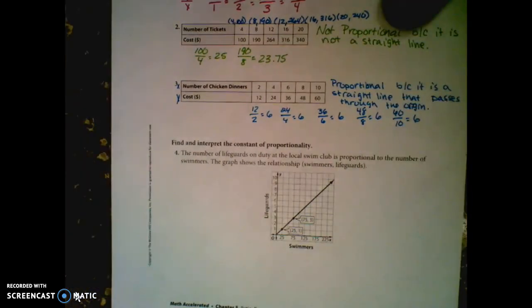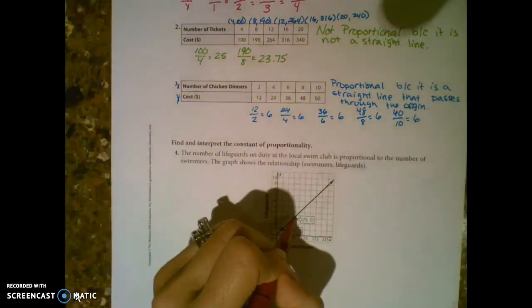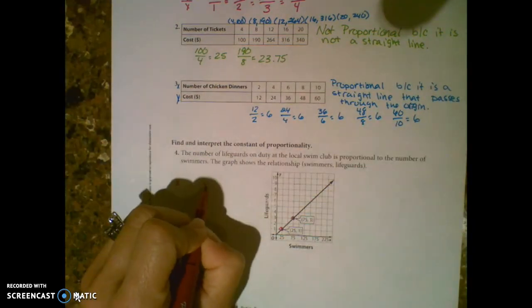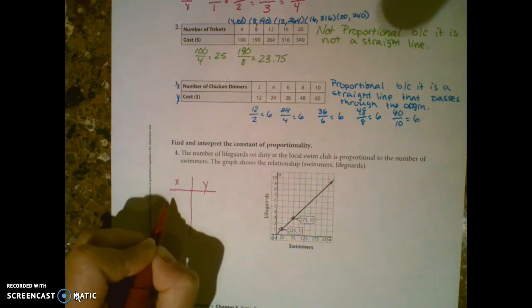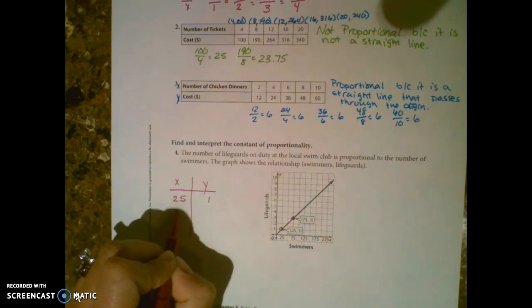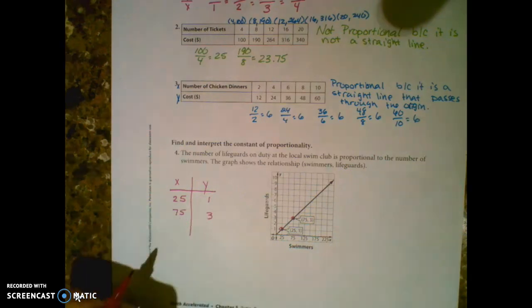So COP, I can tell by looking at any 2 points on this graph. Here I've got the point 25, 1. Here I've got the point 75, 3. So let's make a table, an XY table. When X is 25, Y is 1. When X is 75, Y is 3.